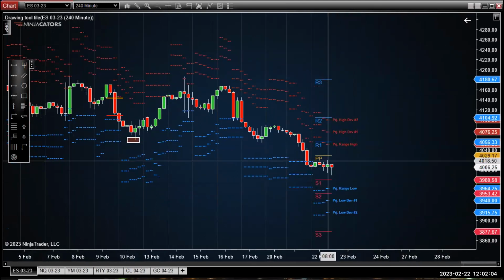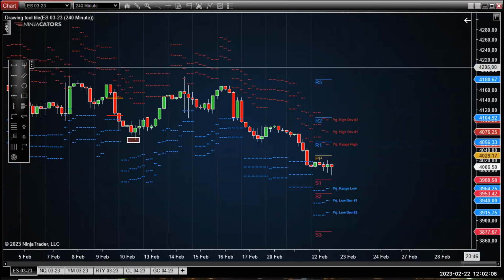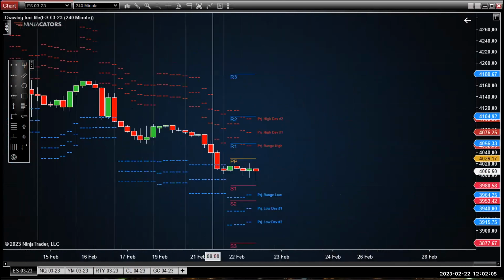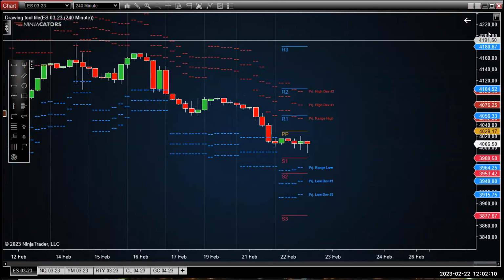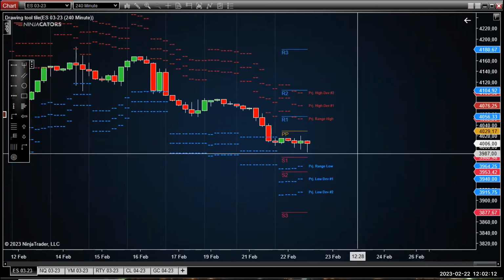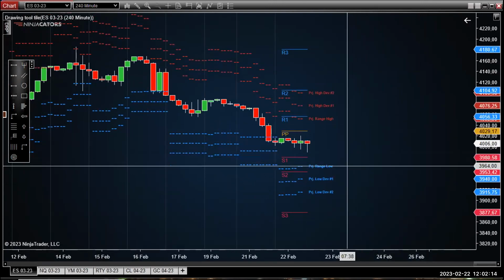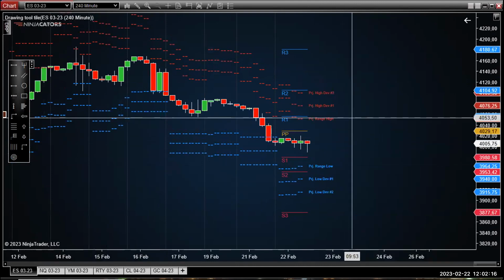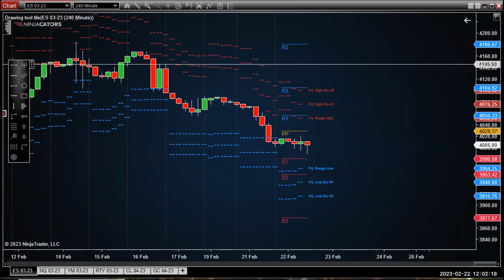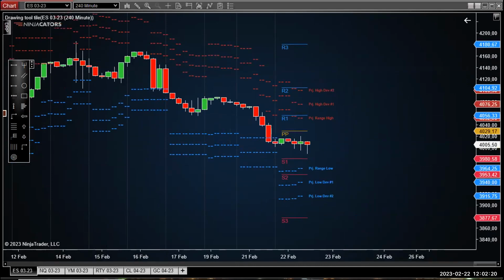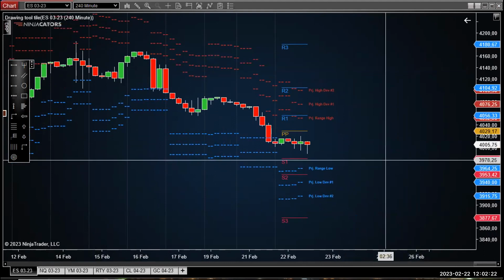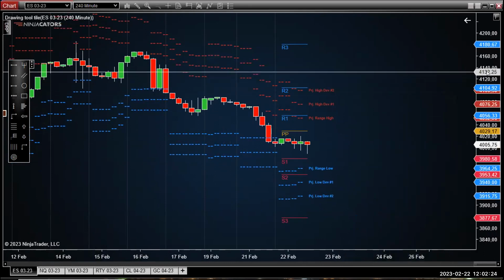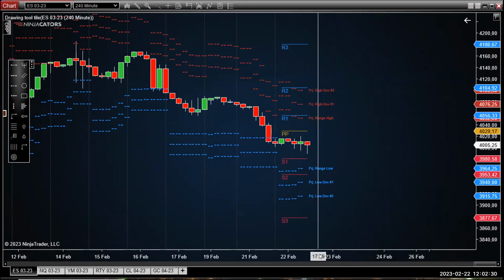We've got these red lines, this orange line, and also these blue lines to the upside. Now, that's just your normal run-of-the-mill pivot points for the day. But very importantly, what I also look at are these projected range lows and highs, as we call them. Now, this is a proprietary indicator that we have here at Ninjacators. And quite often you'll see price being drawn towards those lines, either find support, also make really, really good targets.